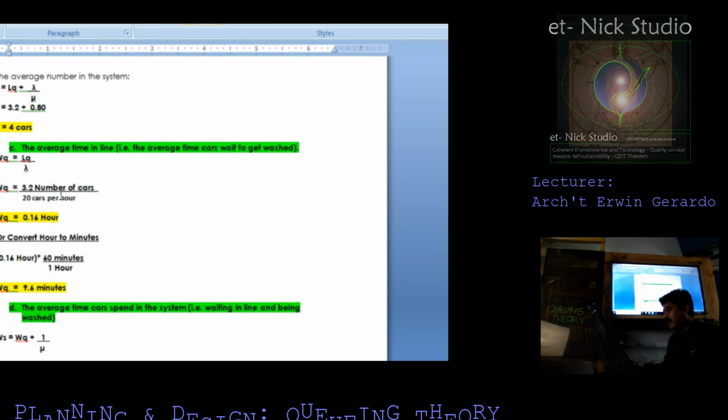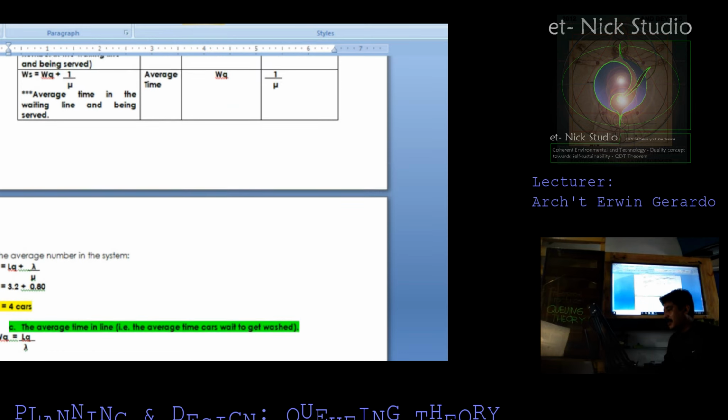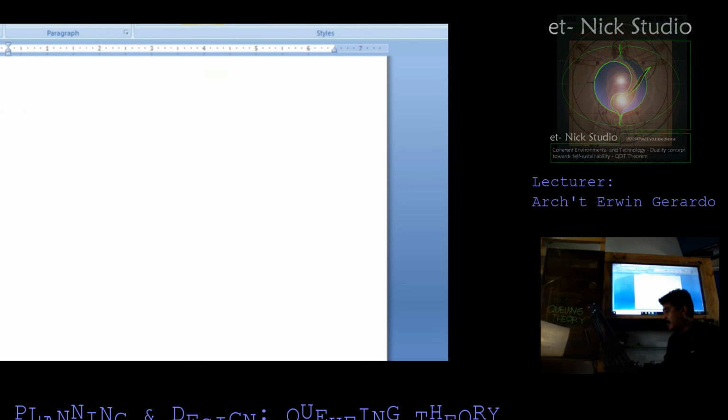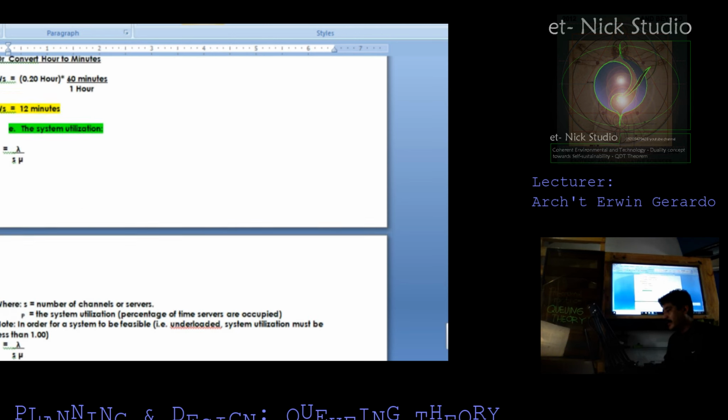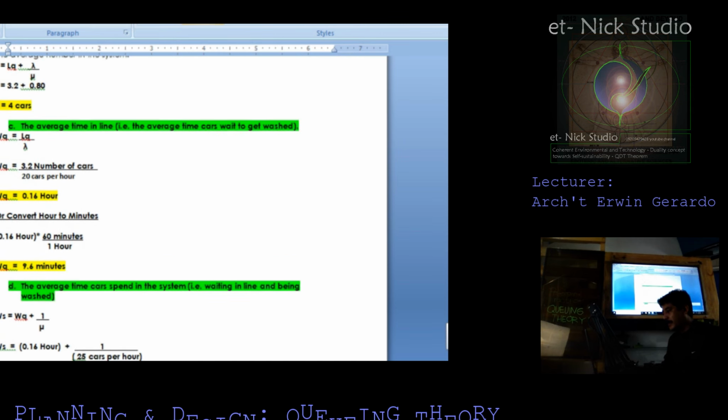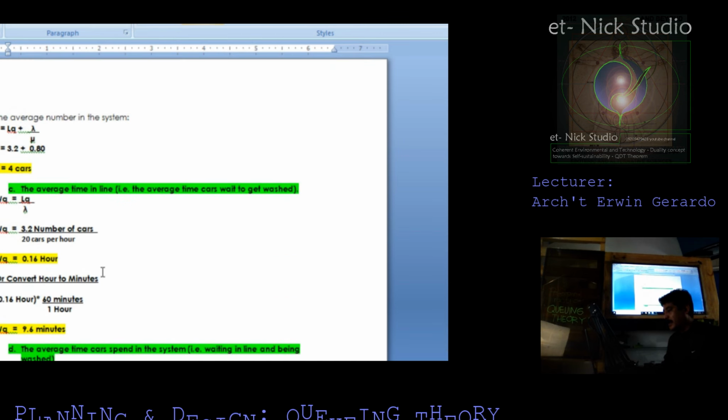So LQ is actually 3.2 number of cars. So where did we get 3.2? As noted a while ago, this is where we took 3.2. Then add the rate, which is actually 0.80. So therefore there are 4 cars.